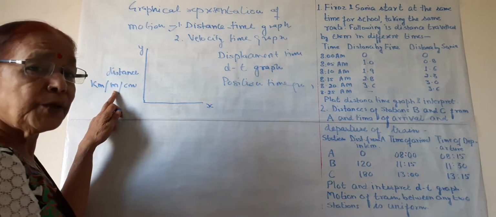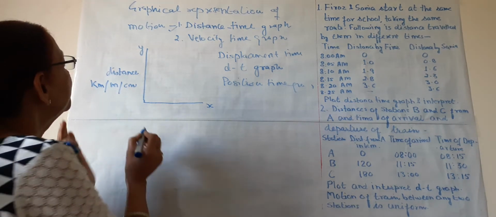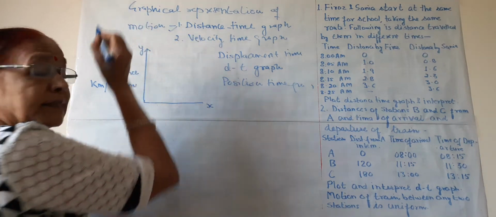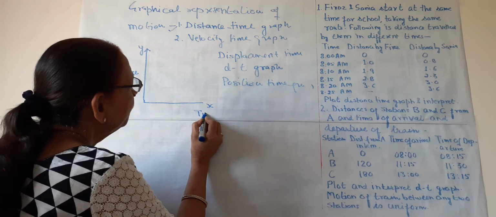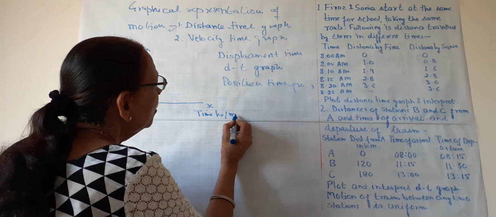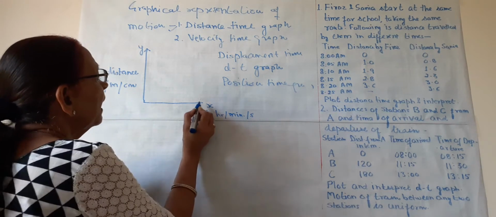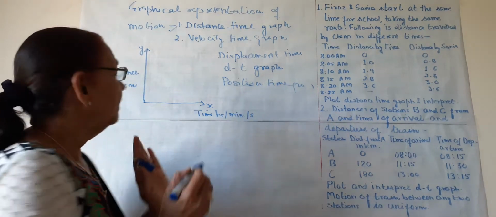This is the SI unit, so it may be in kilometer, meter or centimeter, and like this distance is increasing in this direction. And on this axis we take time, which may be in hours or minutes or seconds. So time is on this axis and it is increasing like this.